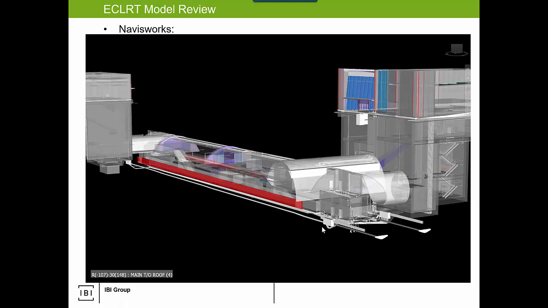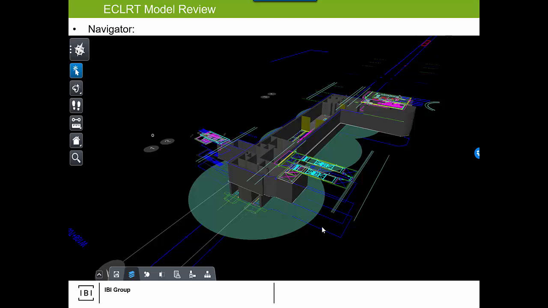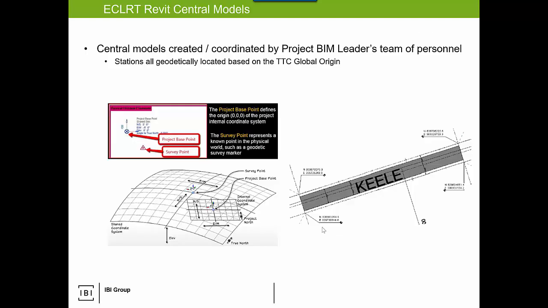There was an interesting requirement, and this happens on most transit or linear-based projects, where you've got to coordinate the base points based on some type of underlying process. Here it's the rail track alignment. So we were using the base points versus survey points to coordinate all the various systems.